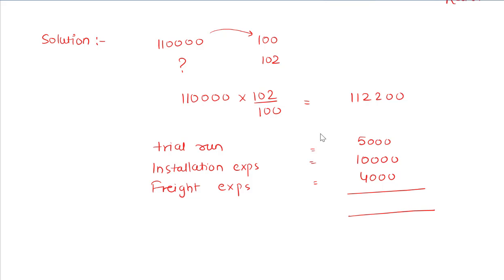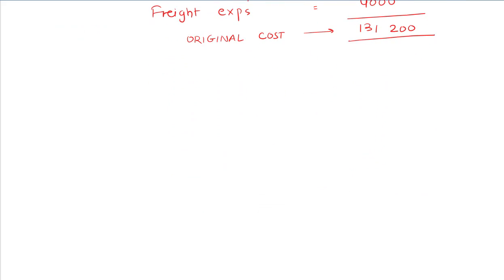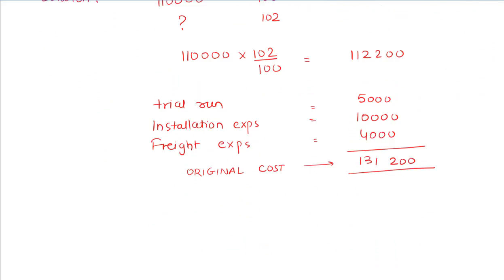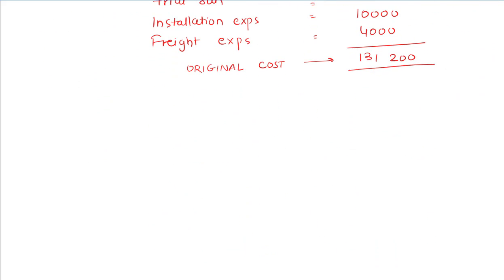Let's do a quick total of it: 1,12,200 plus 5,000 plus 10,000 plus 4,000. The total is 1,31,200. This is the original cost. Continue.